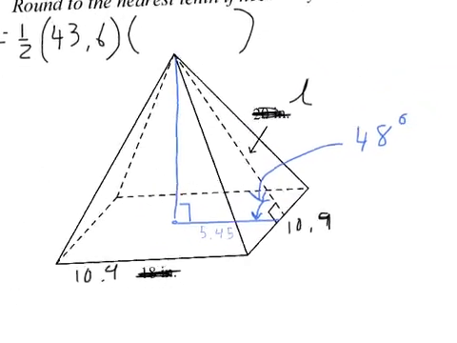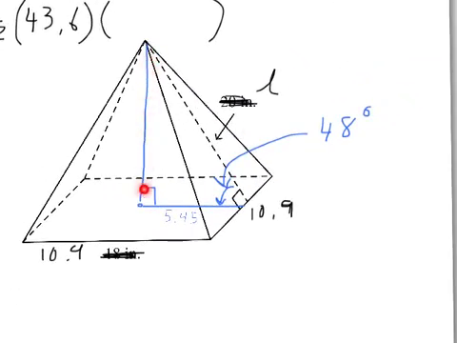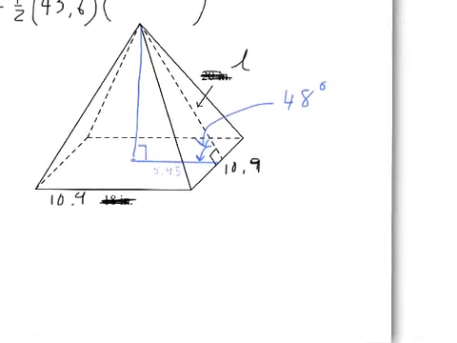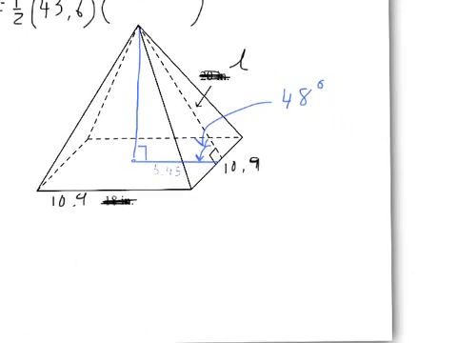All right. So here's what we got. Let's look at our triangle here. We have an angle and a side adjacent to that angle, and we want the hypotenuse of that triangle. Okay, well, what trig function uses adjacent and hypotenuse? Well, it's cosine.